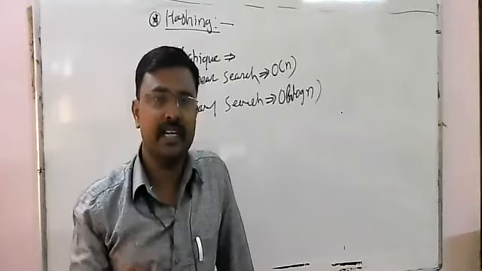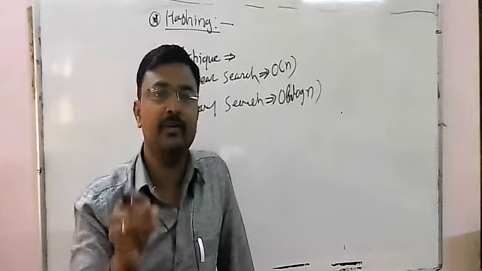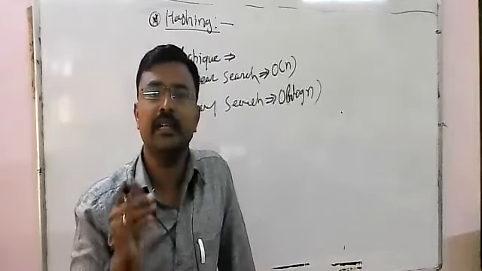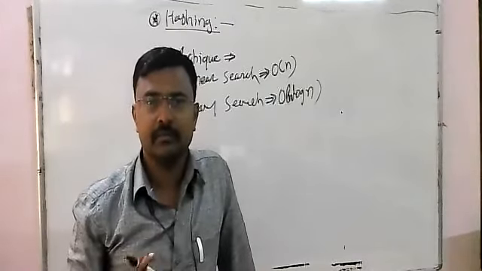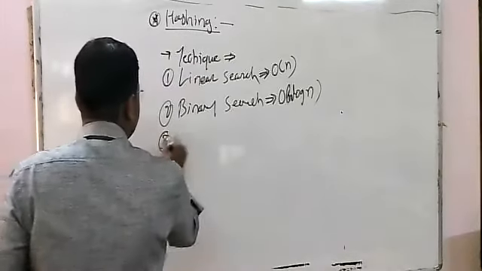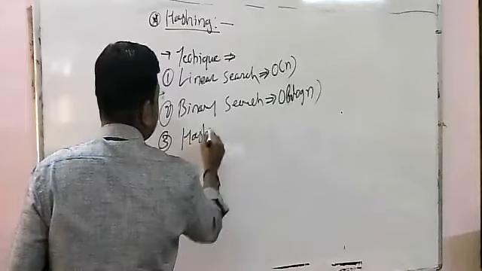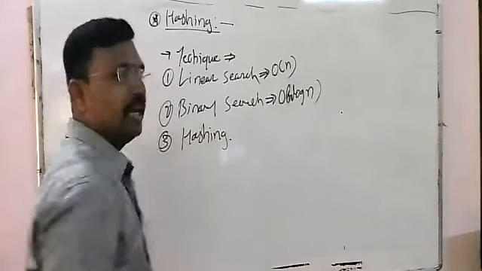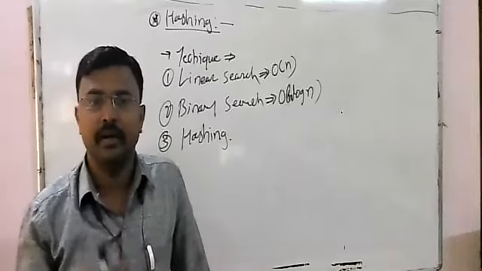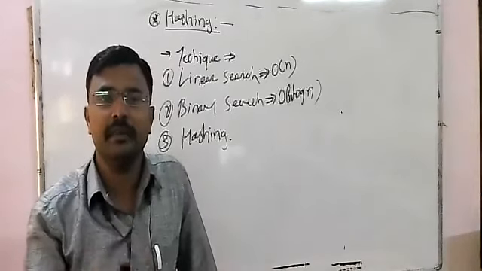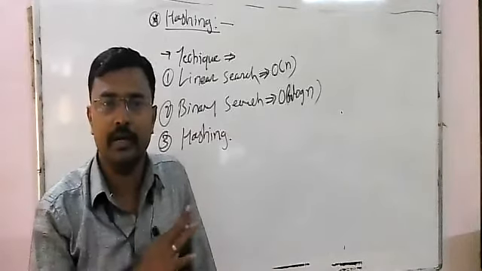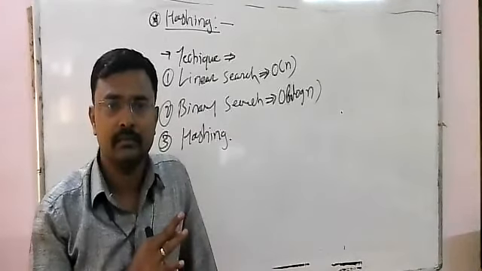The searching technique that is applied to a hash table is called hashing. So hashing is nothing but the third searching technique, where we find the element from your hash table. Okay, got it?